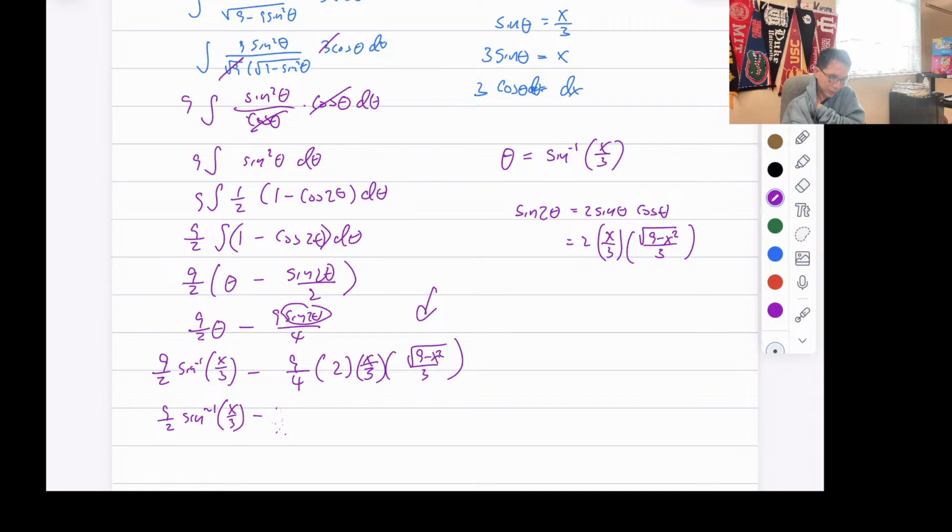Divide by 9. 1/2. Or you just simplify. We've already done this. Oh, okay. You just simplify. Okay, so I got most of this.